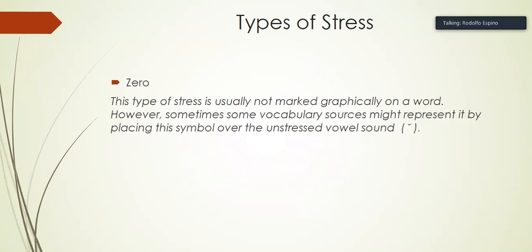And then the last stress, which is not a stress, but it occurs or it exists, is zero stress. It means unstressed. It means no force at all in that syllable. Okay, like in telephone. Okay, telephone.